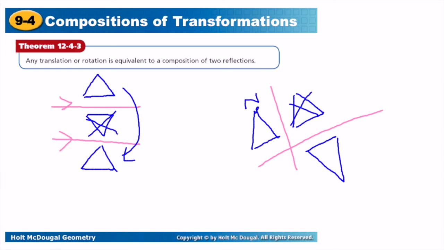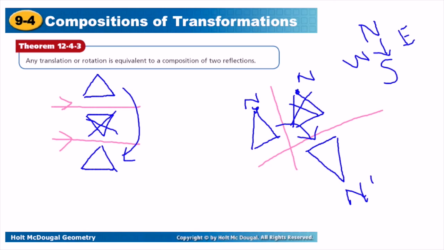When I reflected, point N is still facing up at the top, and we talk about the compass a lot in my class: north, south, east, and west. So if point N was facing north, and now in my reflection of a reflection, N prime down here is facing south, then I know that because I moved opposite direction, that is a rotation, because I'm not facing the same direction that I initially was.